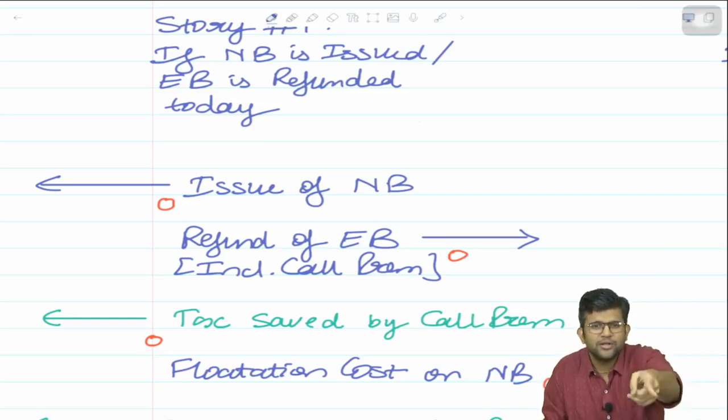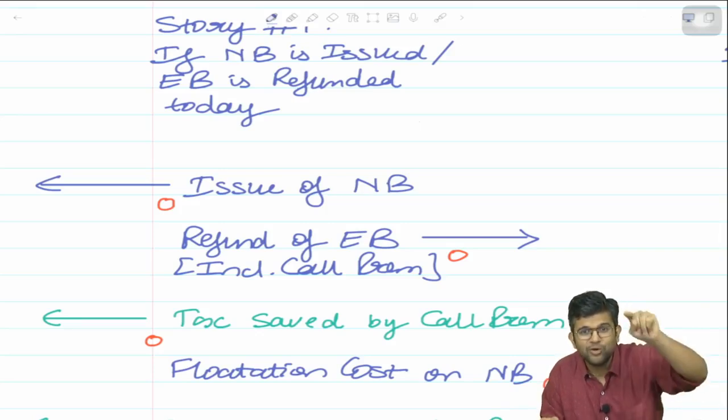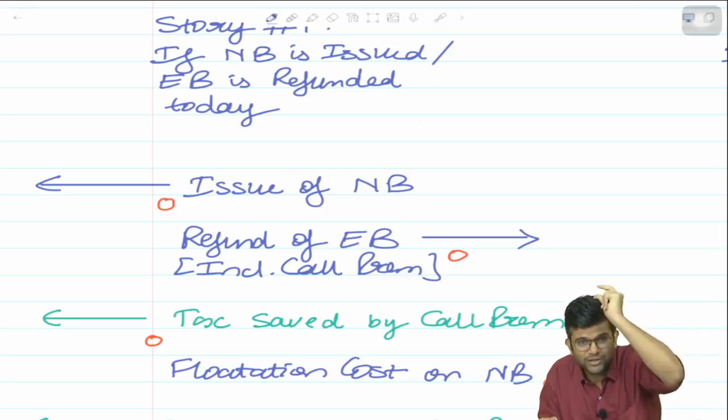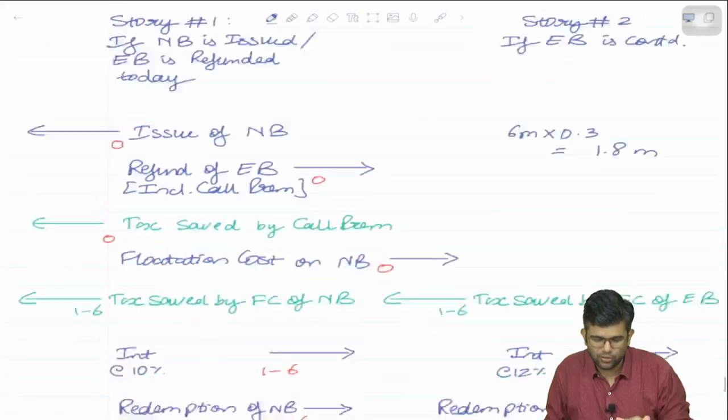You will get it in one shot today only, because the benefit ceases to exist. The life of the bond is not there. How will you amortize? Everyone clear? So that 2.7, one shot you will recognize, you will realize, in story number 1 of the existing bond.